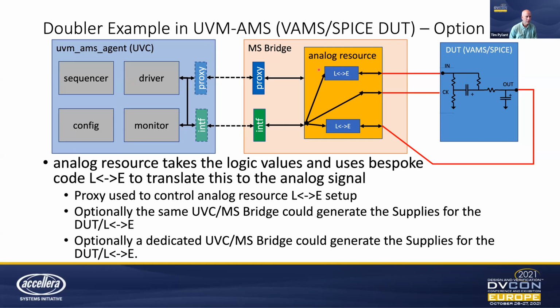So those are the 3 different types of analog resources, and how you would have to modify your analog resource or the bridge to support the 3 different models. But the key is that the UVC stays exactly the same. You use the same sequences. In most cases, I guess if you add a proxy, you would have to add a proxy on the UVC side. But in most aspects, everything stays the same, including the connections to your DUT.